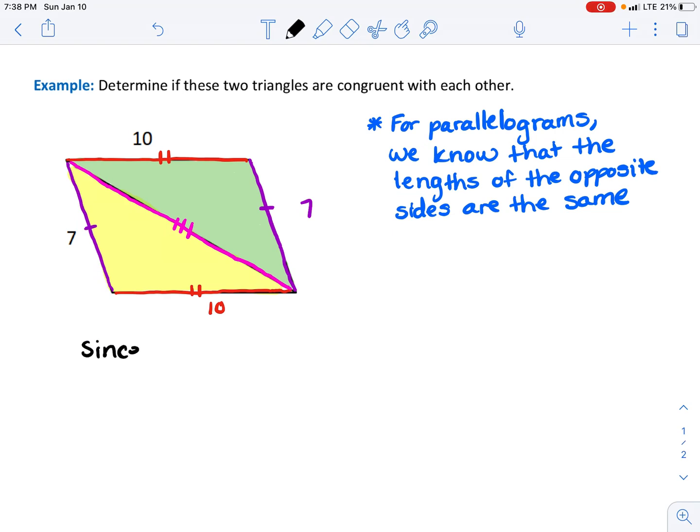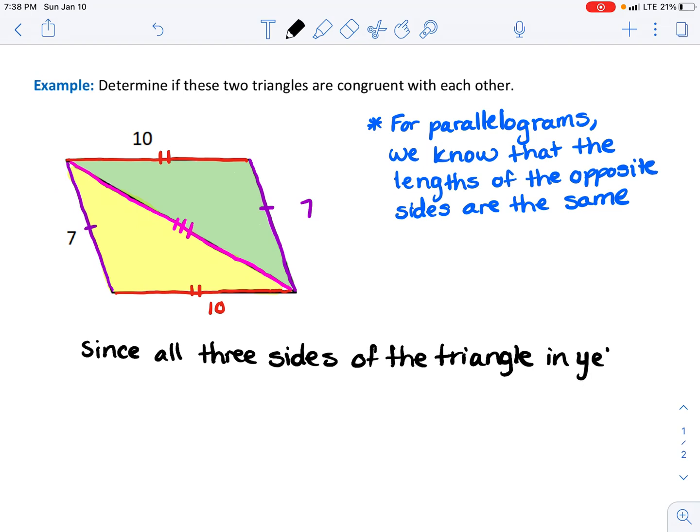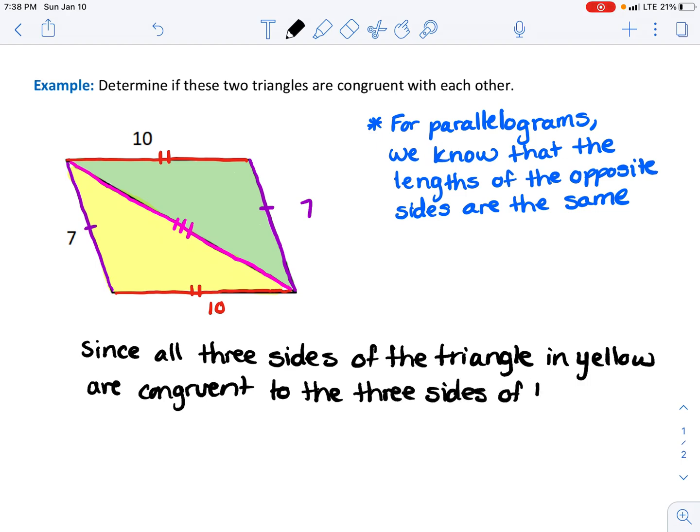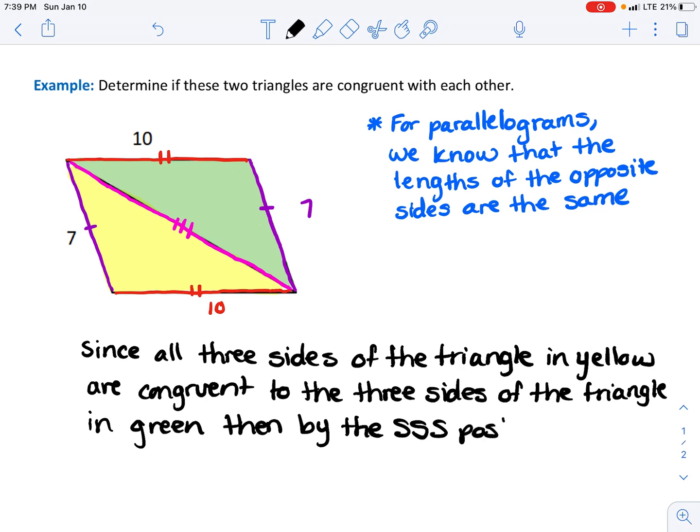So since all three sides of the triangle in yellow are congruent to the three sides of the triangle in green, then by the SSS postulate, these triangles are congruent.